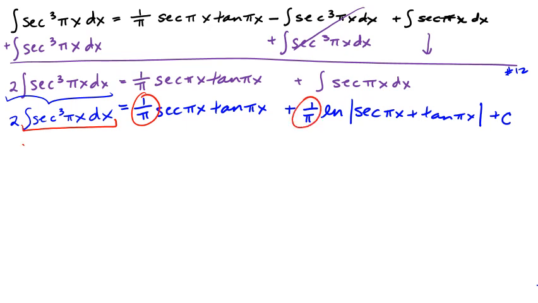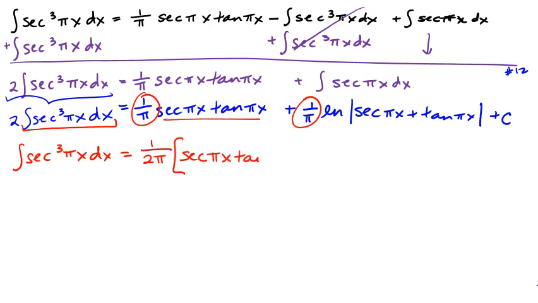So really, what I end up getting, dividing by 2 here and here, and taking this GCF out, I get this times this plus this.